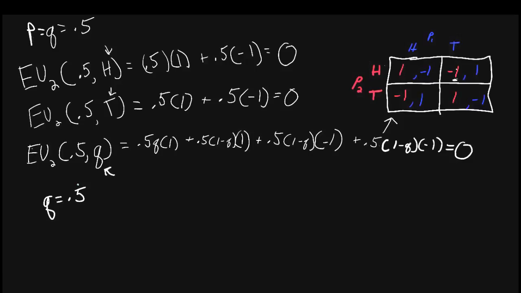So, if both players are playing heads with probability of 0.5, no player can do better by changing its strategy, but the players are indifferent among any of the strategies they can choose, as well as any probability distribution they place on their actions.